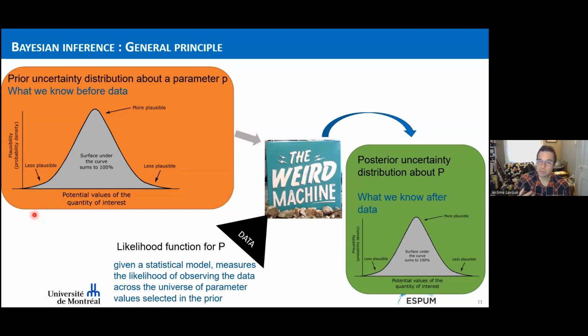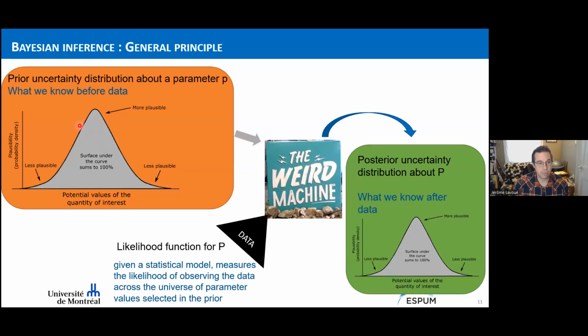So to express this prior knowledge, we do exactly the same thing. We can even do it manually: we draw the distribution of uncertainty about that parameter, reflecting our own knowledge.